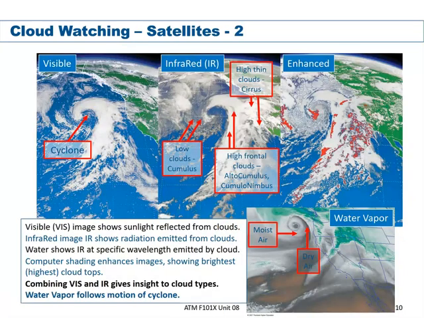The combination of visible, VIS, infrared, IR, and water vapor and other IR band images can provide comprehensive information about clouds. While the visible image shows white clouds, the infrared image allows us to determine if they are high or low clouds. The images can be enhanced to highlight the higher altitude clouds.